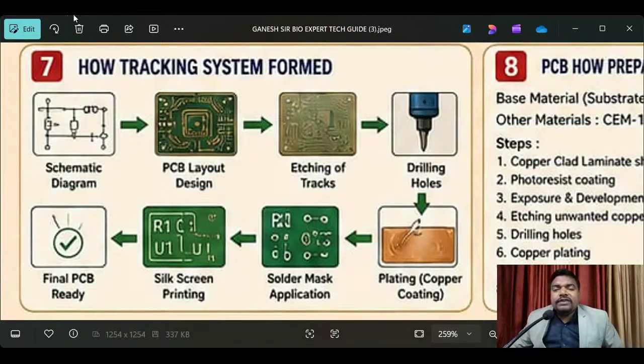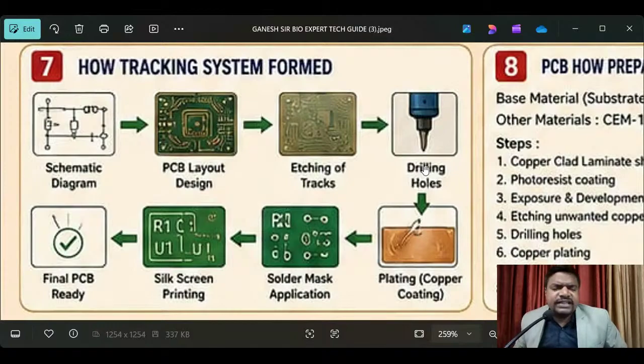So here, see whatever I am presenting: pictures and every step by step. What things are important to make the PCB? If you look at a PCB board, it simply looks very simple. But there is a tracking system involved in this PCB. There is a power supply board, a control board, and a microcontroller board.